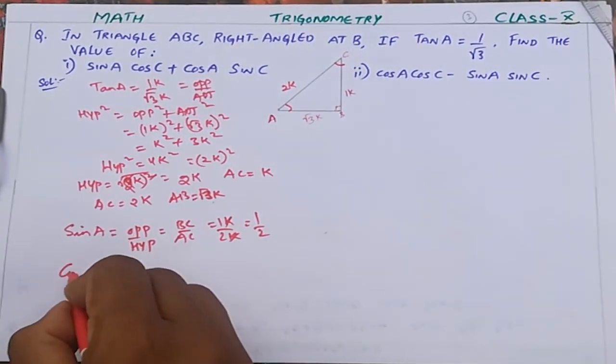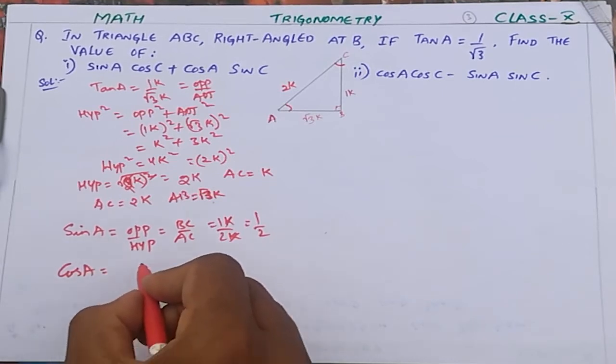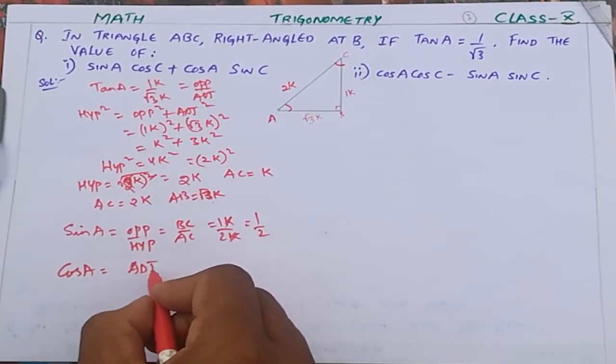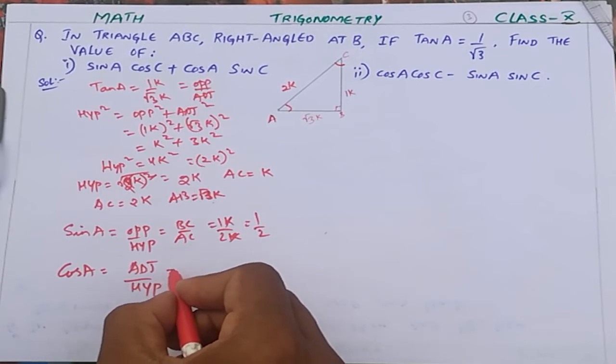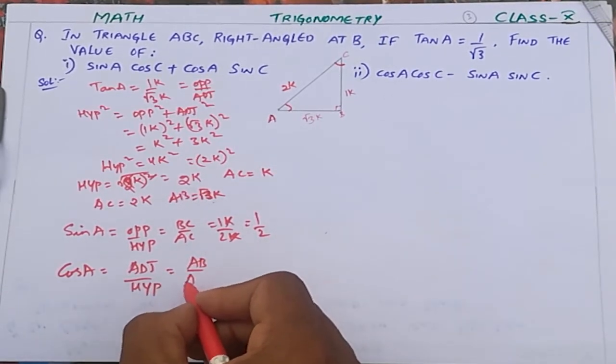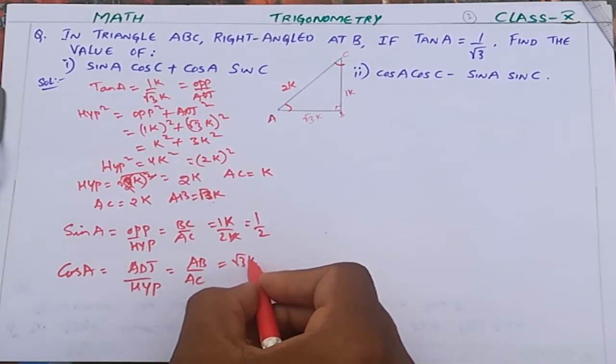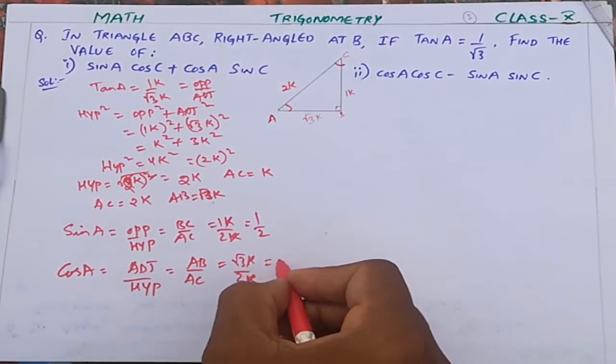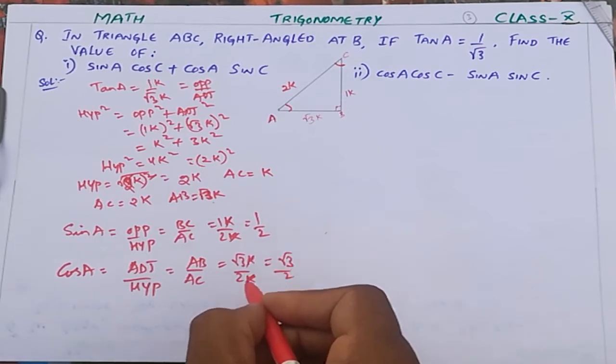That is k k cancel, 1 by 2. Cos A equals adjacent by hypotenuse. What are the values? AB by AC, that is root 3k by 2k. k k cancel, we will get root 3 by 2. You got in terms of A.